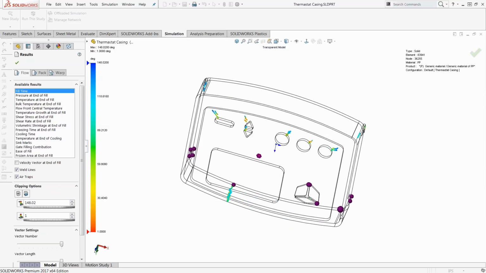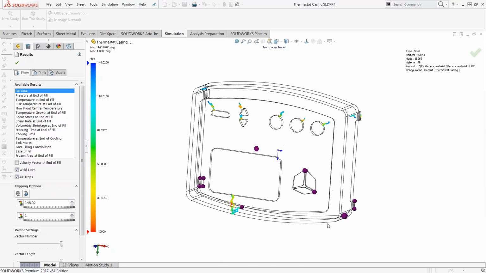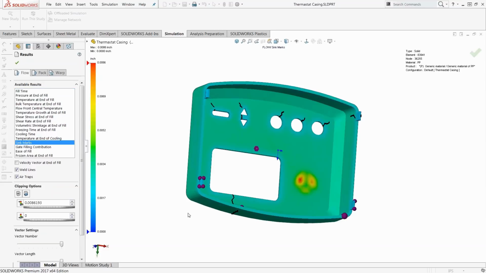These venting lines should be placed in regions such that they are outside of the parts. You want the air traps to be on the outsides so that they can be vented. So if an air trap is on the inside in the middle, then it's very hard to have a venting line go there. So to make the manufacturing process a little easier, you want the air traps to be on the outside.